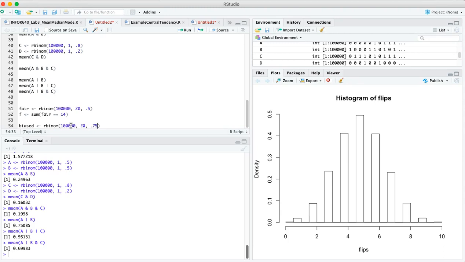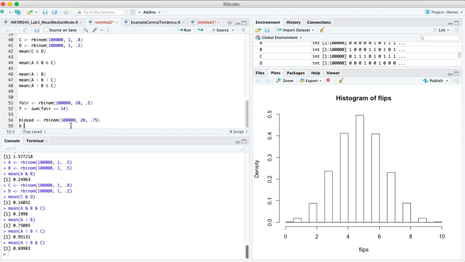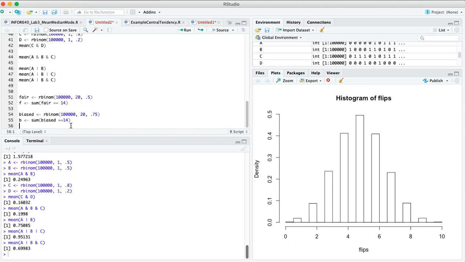So I'll say this one's 0.75, okay? And I'm going to set B and assign B to the sum of biased equal to 14. So how many times did my biased coin turn up heads 14 times out of 20?